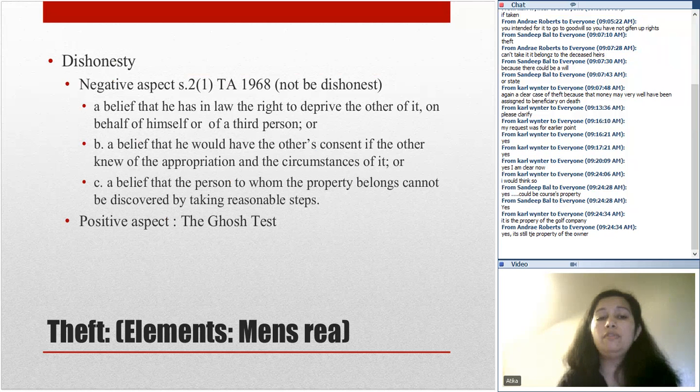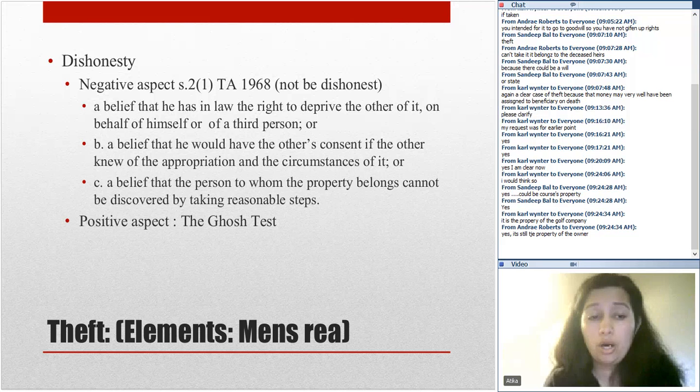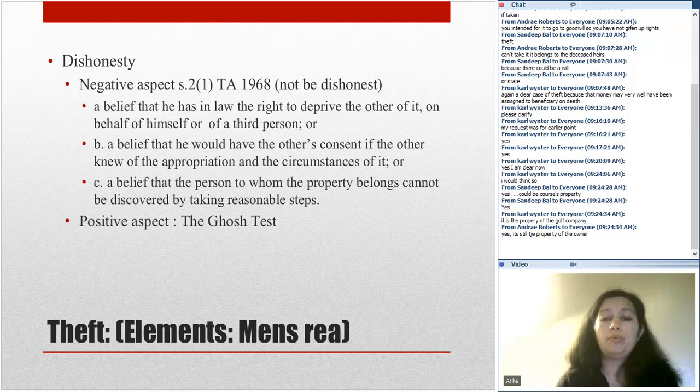So the law says that a belief that he has in law the right to deprive the other of it on behalf of himself or of a third person, or a belief that he would have the other's consent if the other knew of the appropriation and the circumstances of it, or a belief that the person to whom the property belongs cannot be discovered by taking reasonable steps.